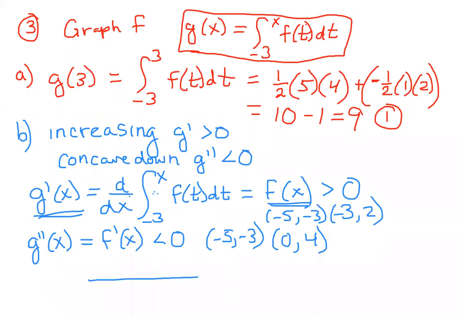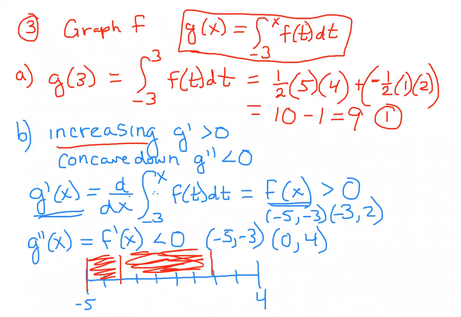So we have to see where these overlap. We're down here at -5, -4, -3, -2, -1, 0, 1, 2, 3, 4. It is increasing from -5 to -3, and then from -3 to 2.